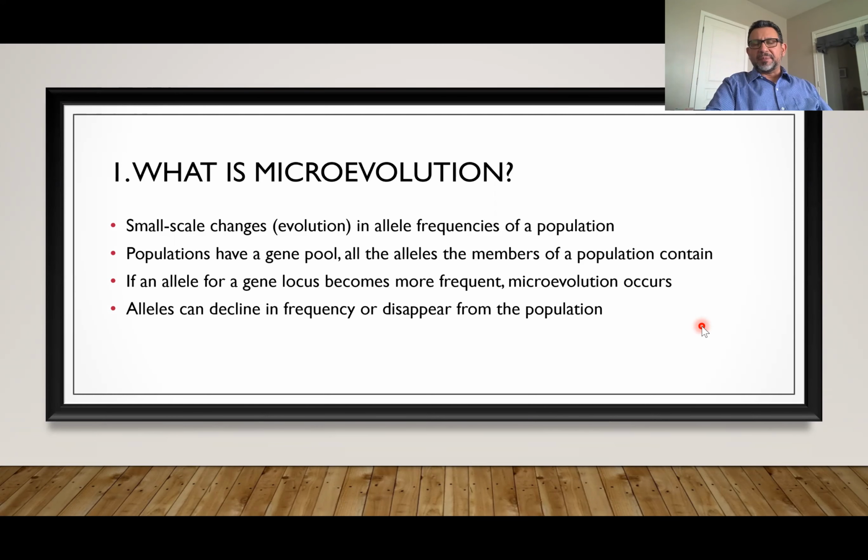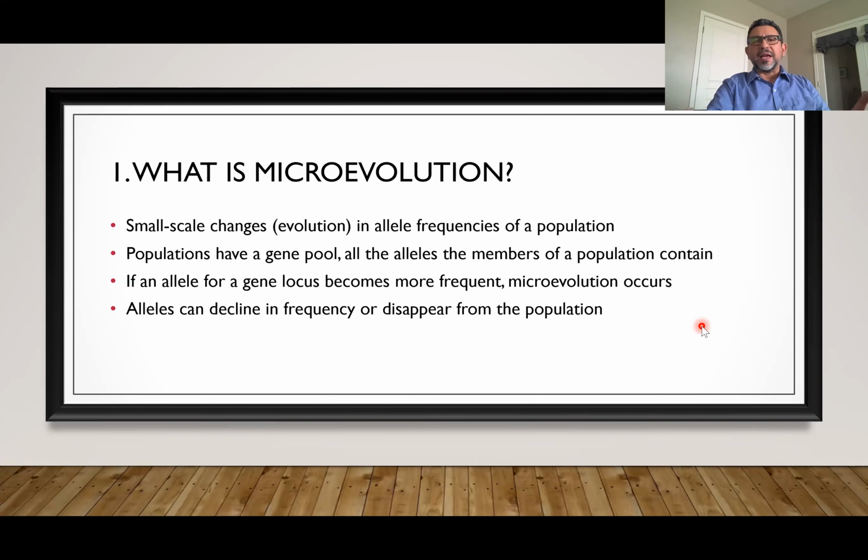So what can happen? Alleles sometimes can decline in frequency. They can become less frequent, or sometimes they can become more frequent. If they become more frequent, more members of a population show that particular allele. If it becomes less frequent, it could get to the point that an allele disappears because all of the members with that less desirable allele are not going to be surviving, and when they die, the alleles also go away from the population.